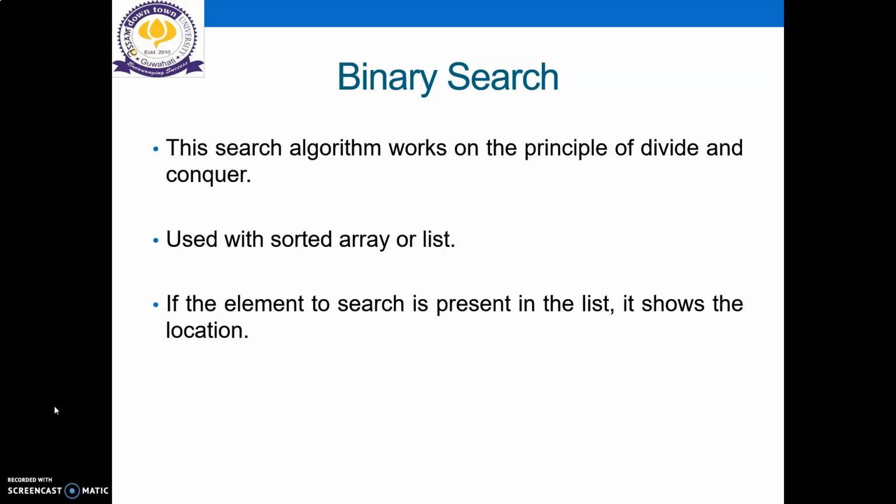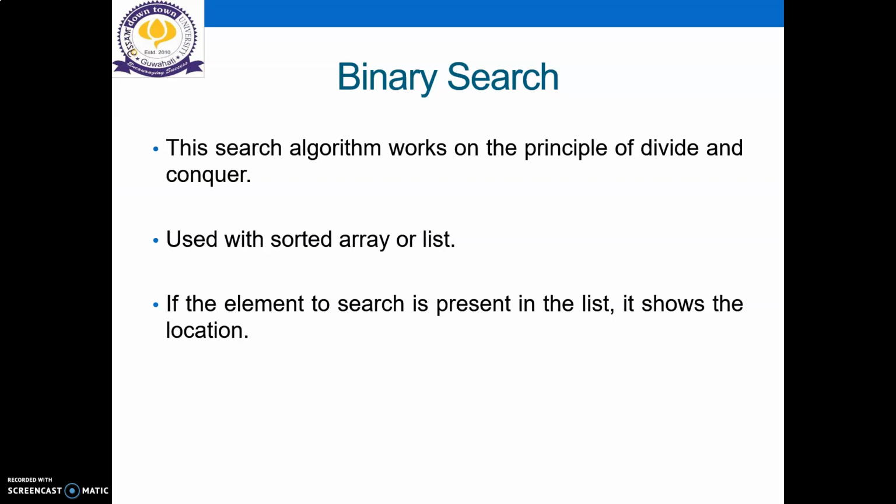Binary search works with a sorted array or list. So it has to be a sorted array, which is mostly considered sorted in ascending order. Binary search follows the principle of divide and conquer.